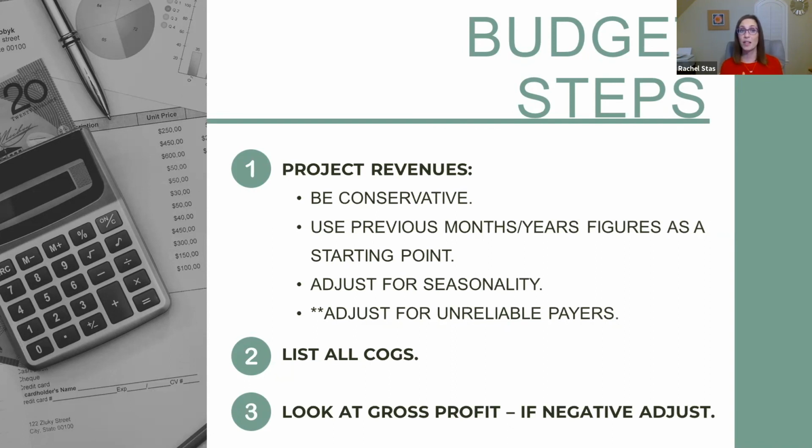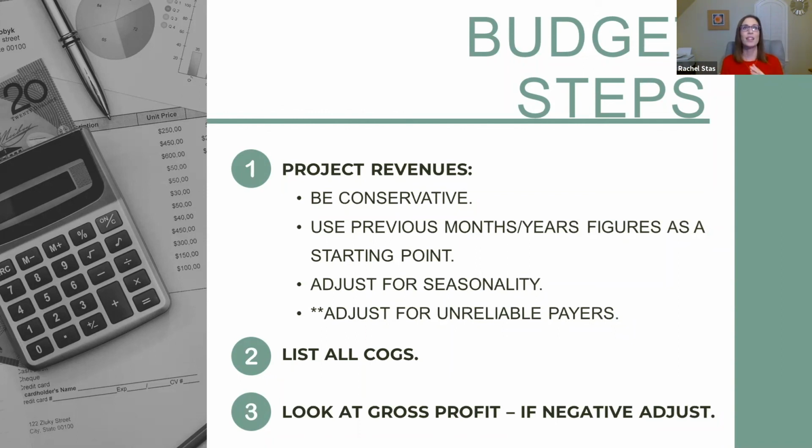So the first step is to project what your incoming revenue will be. You want to be conservative. If you have been in business for a year and you're doing something with retail, December is probably going to be a good month for you because of Christmas and all the holidays, and you've sold a ton. You don't want to use December revenues when you're budgeting for January because it might not be the same.